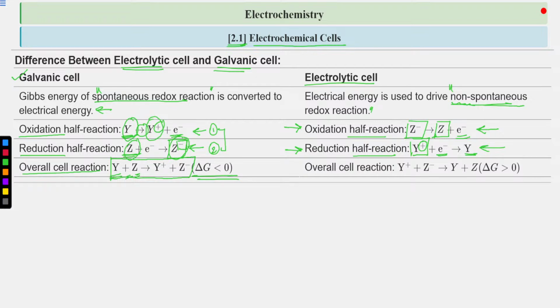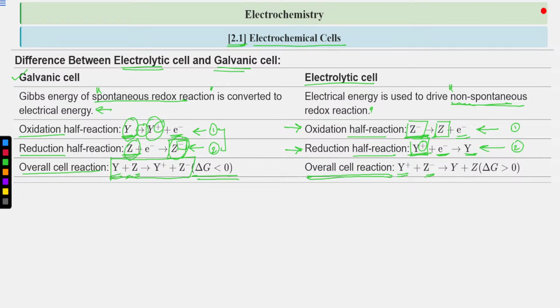Now the overall cell reaction will be according to the similar concept, that you have to add the reactant side and the product side all together from the first and the second reaction. Now here at the reactant side we have Z negative, Y positive and electron. And electron is also present at the product side, that will cancel out.